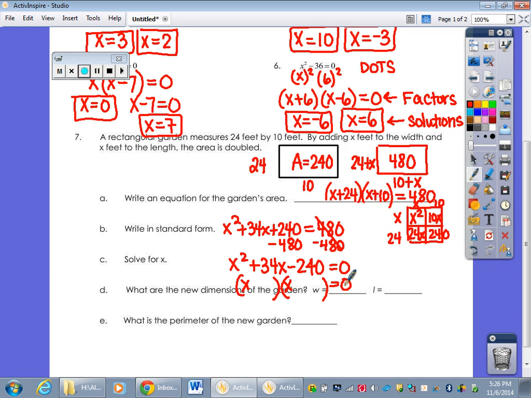No, let's think. It's not going to be 24 and 10.